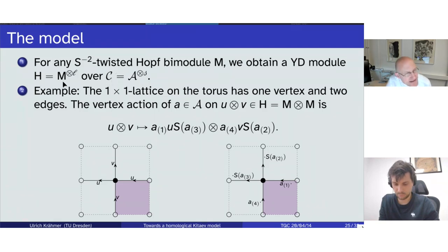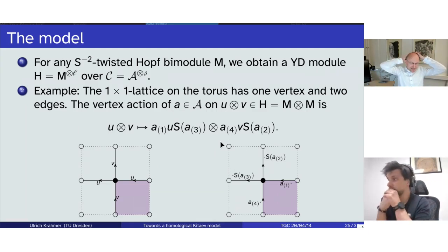So the extended Hilbert space is now an L-fold tensor copy of this twisted Hopf bimodule. This is my qubit or qudit that I put on each edge. And the formulas for these Jeter-Greenfeld module structures have been in the literature. For example, there's a paper by Shawn on this matter.